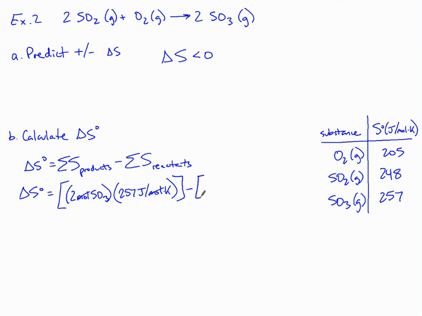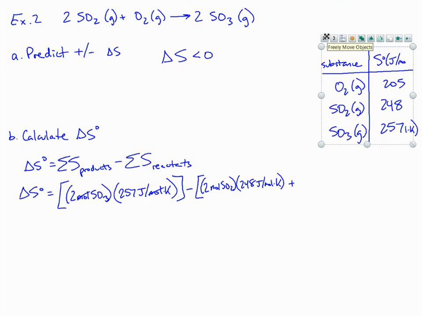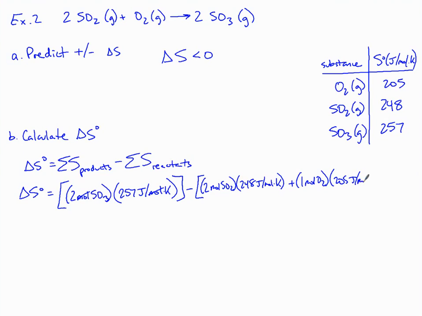Then we subtract out the reactants, and we have 2 moles of SO2, 248 joules per mole times Kelvin, plus 1 mole of oxygen, and it is 205. Again, canceling moles.